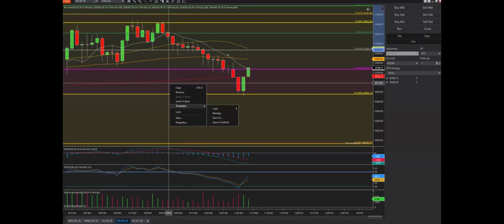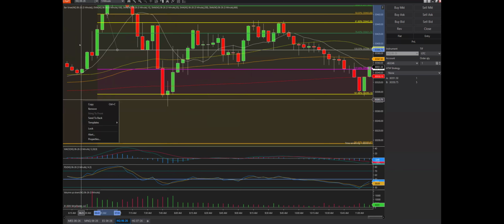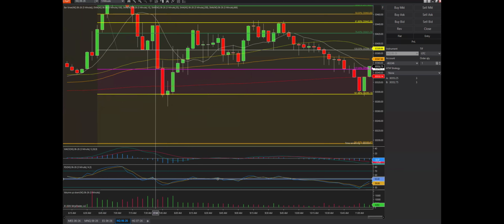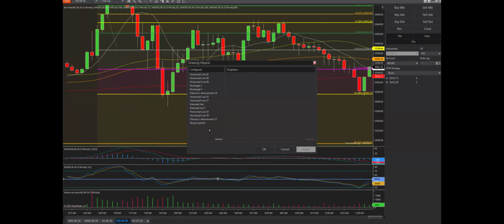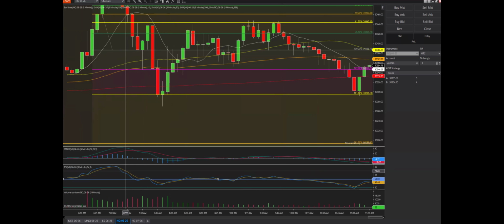Oh, you have an indicator highlighted. Hold on. All right, just double click on your MACD. It should open it up. You're on the drawing, you hit the blue line. There you go.